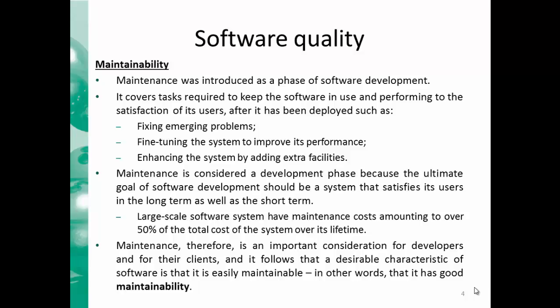Because it's a very important quality, it's considered as one phase in software development. And you will be surprised that in large-scale software systems, maintenance cost can exceed the cost of developing the software itself.